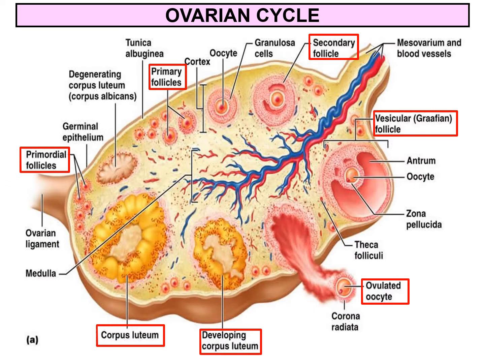So these are the follicles growing and maturing, producing the secondary oocyte. Then the secondary oocyte will be released. So this is the ovulation. This one is the follicular phase, and this one is the luteal phase.